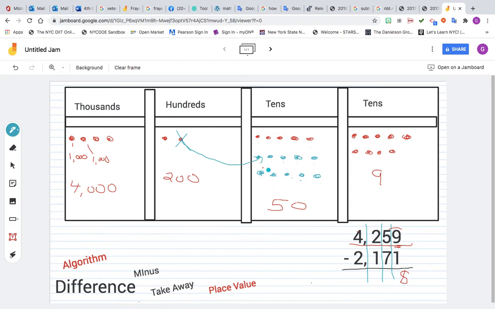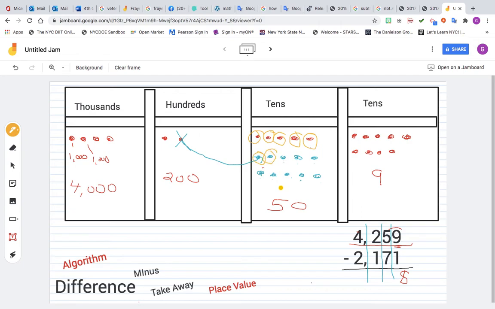So now I can subtract 7 from 9, because now there are more than 5 tens. Let's circle 7 tens because we're taking 7 tens away. Ready? 1, 2, 3, 4, 5, 6, 7.